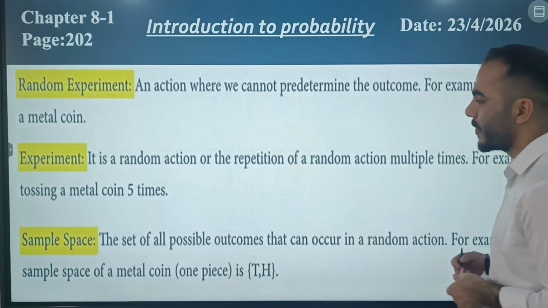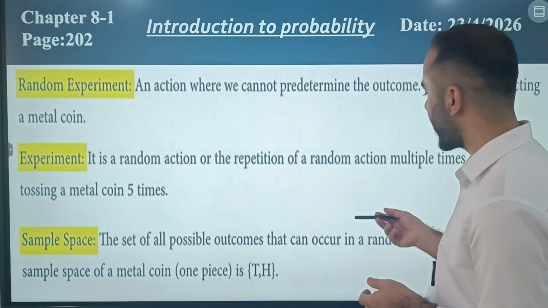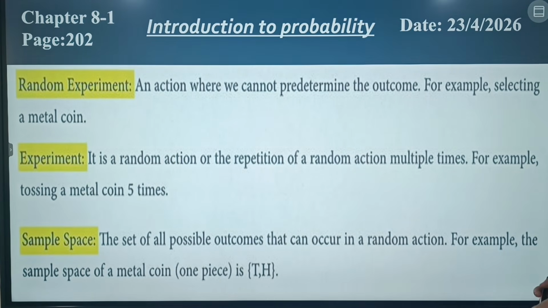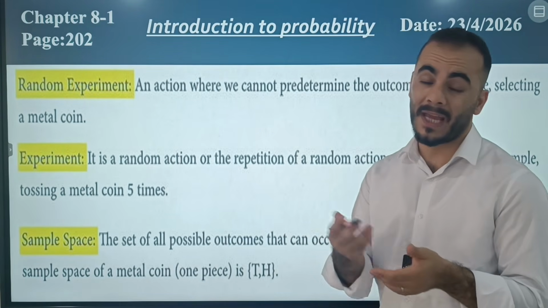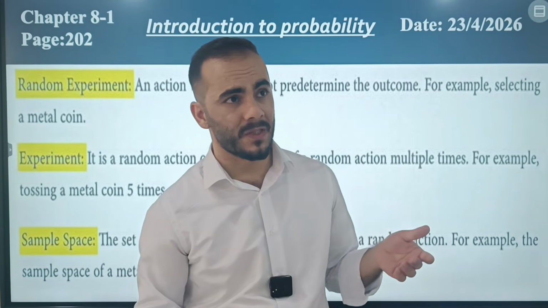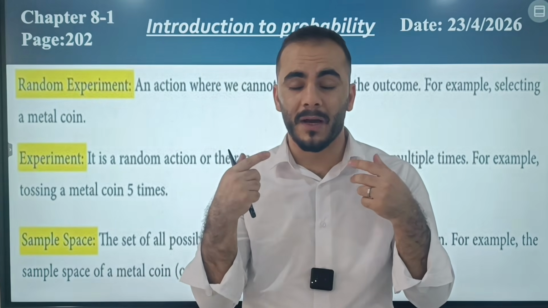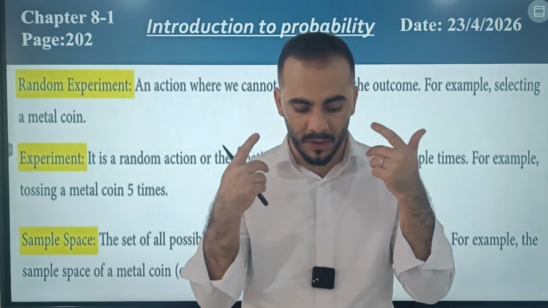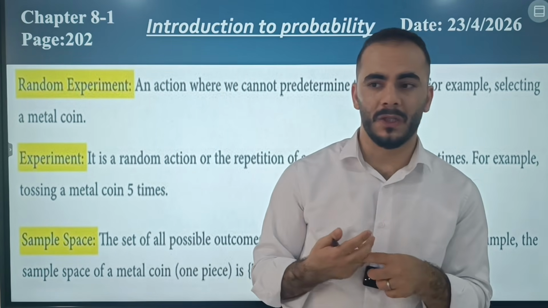Okay, how about sample space? It is the set of all possible outcomes that can occur in a random action. For example, the sample space of a metal coin is just tail and head. When the word probability comes to our minds in our books, immediately we should think about coin, dice, and this kind of stuff.